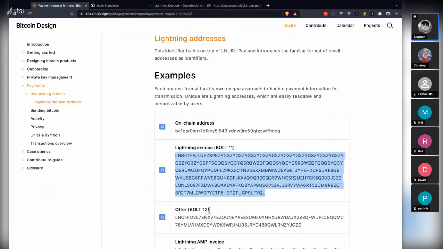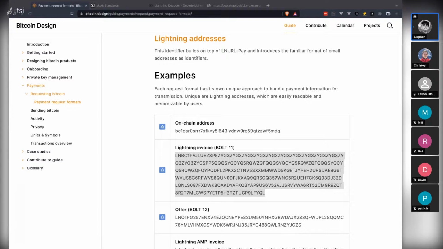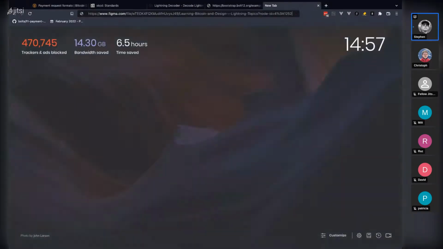Yeah, this thing looks really overwhelming, everybody. But I'm going to do a Figma hack here and paste the link of the Figma thing in so I can not reshare.